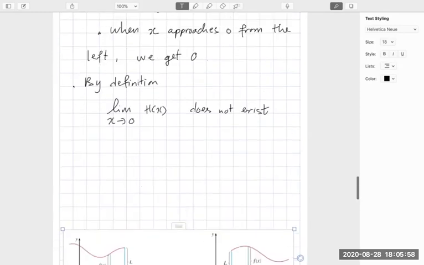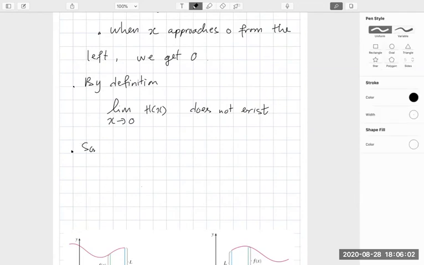Sometimes using numerical methods and a calculator might get the wrong answer.